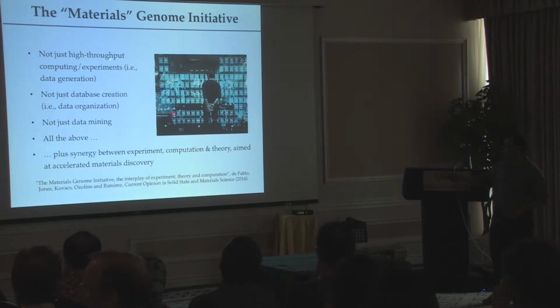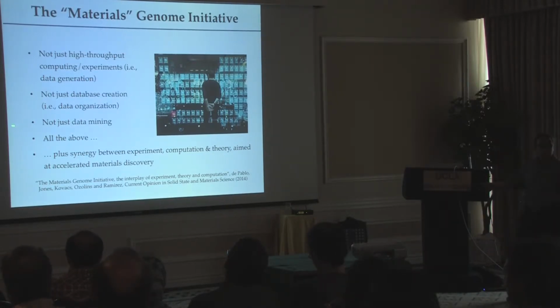Already people talked about high throughput computing and experiments. That's necessary. Database creation, important. Data mining, important. But really, if we want to do that effectively, it's not just one or the other, it's all of them.